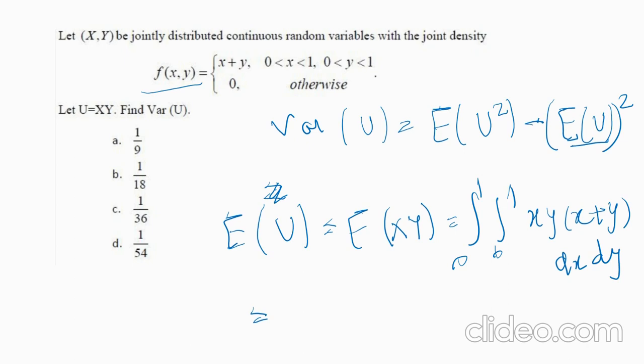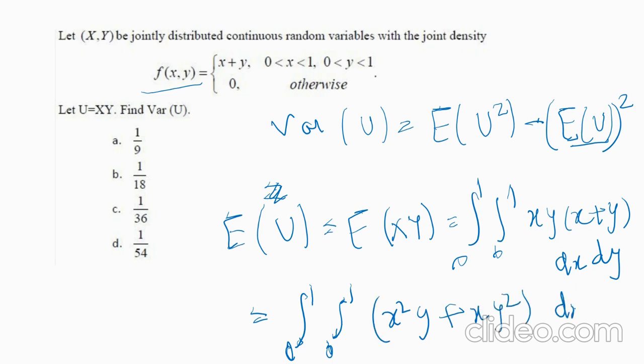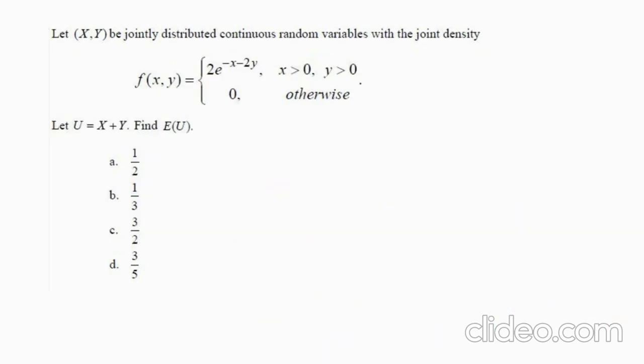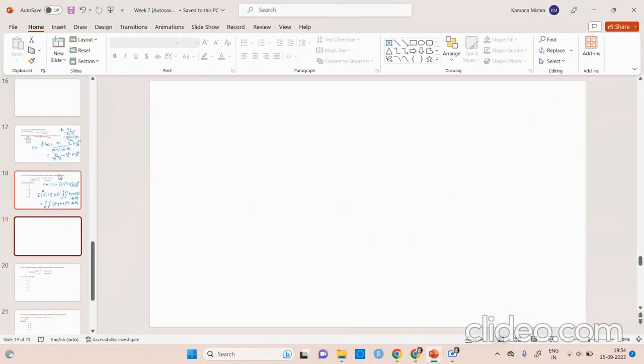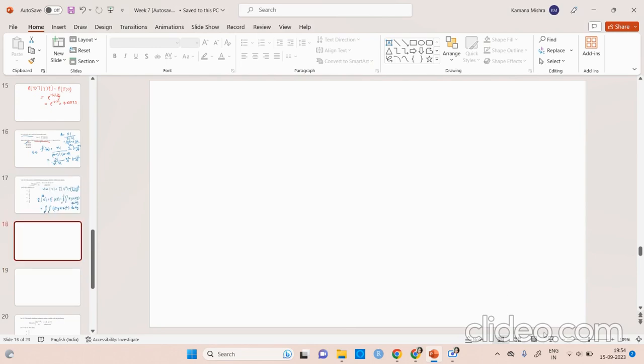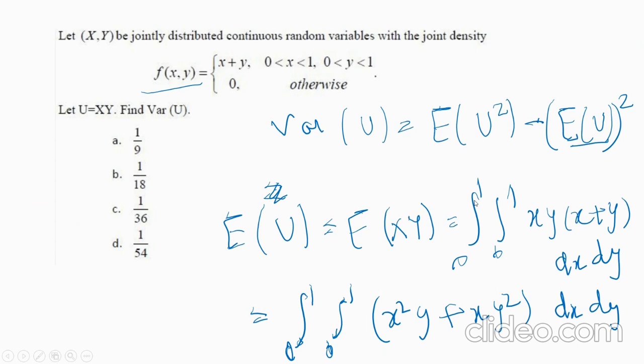So 0 to 1, 0 to 1 of x square y plus xy square dx dy.